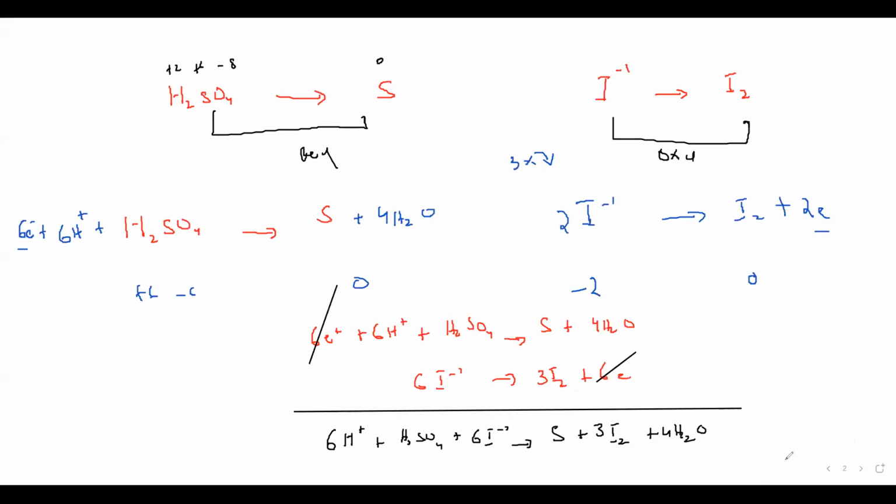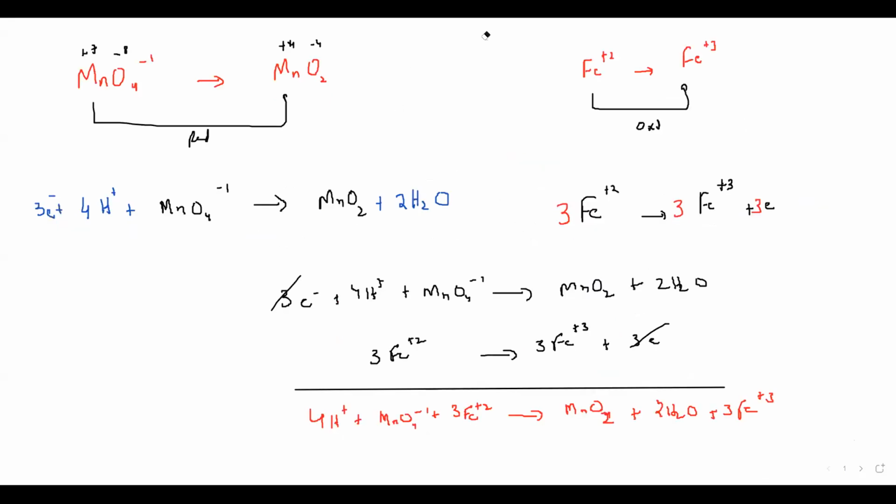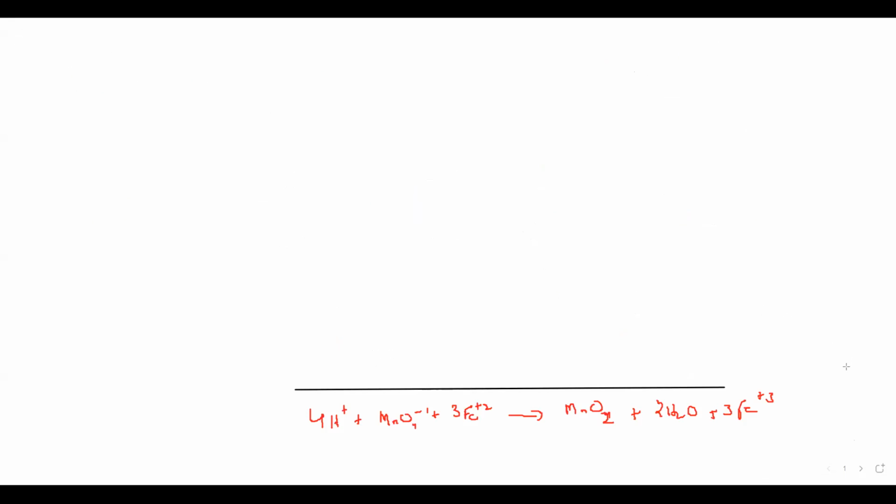Same way, if this was the first equation for us and we want to balance it in alkaline medium, I already have the balanced equation in which I have 4 protons: MnO4 with charge -1 plus 3Fe2+ gives MnO2 plus 2H2O plus 3Fe3+. So we will add OH on both sides.